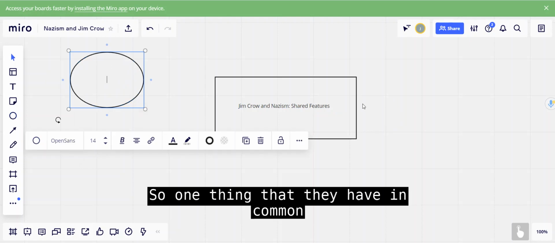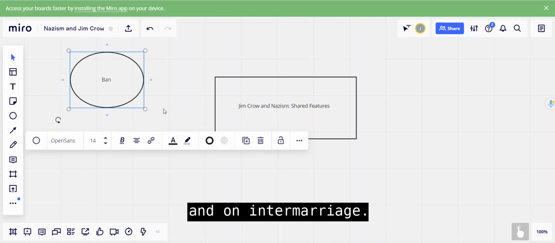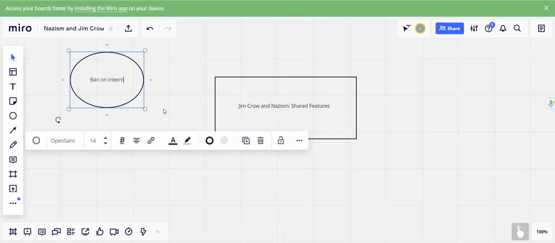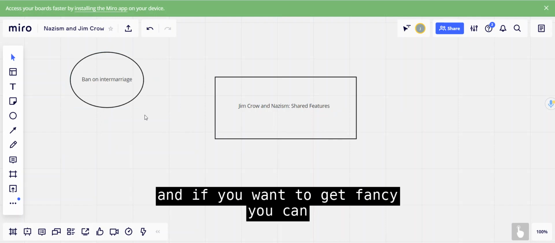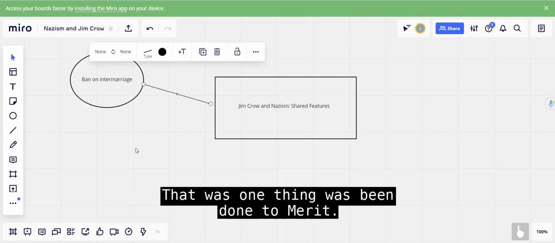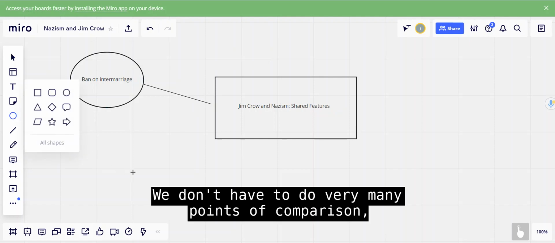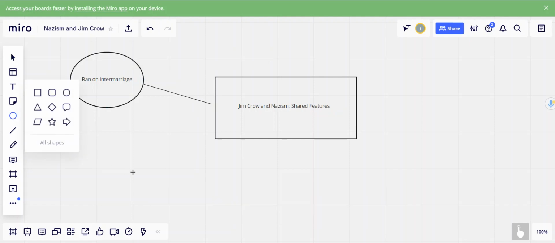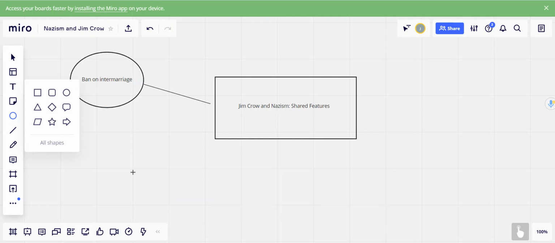So one thing that they have in common was a ban on intermarriage, right? And then if you want to get fancy, you can draw a line to it. Remember, we don't have to do very many points of comparison, but it's better to over compare and get too many notes than to limit them down, right?